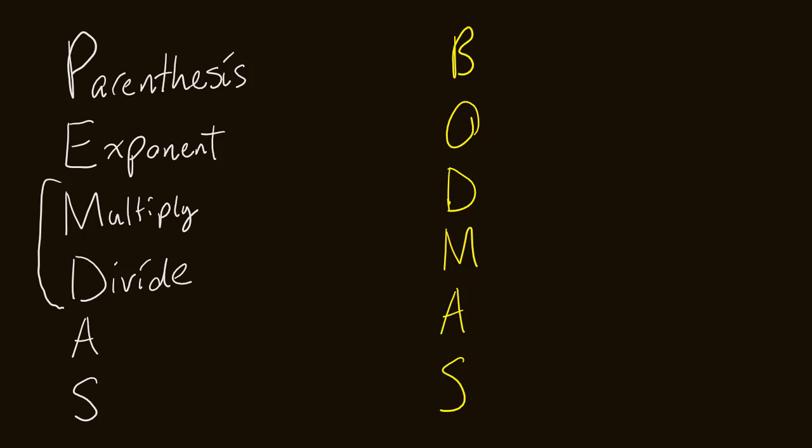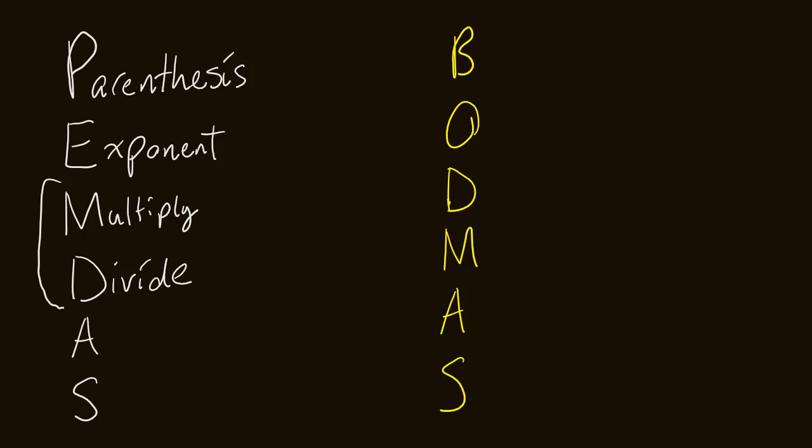If your teacher taught you this correctly, what they should have said was that you look at your equation and you multiply and divide as the operation appears in the equation from left to right. So you start all the way at the beginning of your equation. If divide shows up first, you divide, and then if something's being multiplied, you multiply, right? So the order of multiplying and dividing has nothing to do with the acronym. You simply always go from left to right.